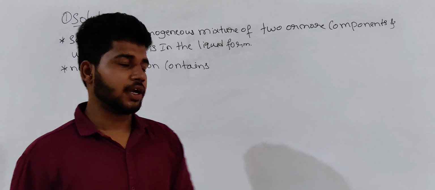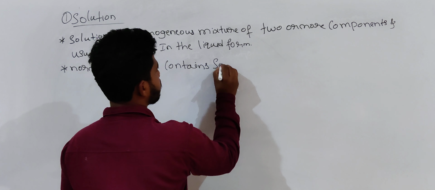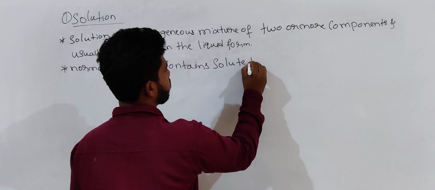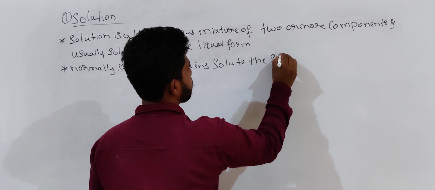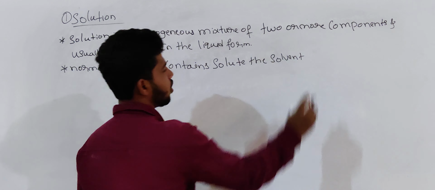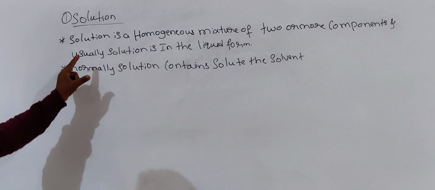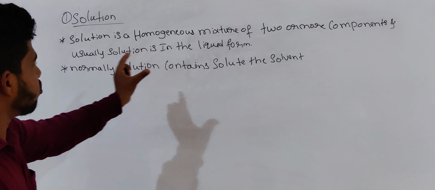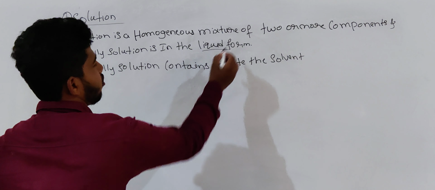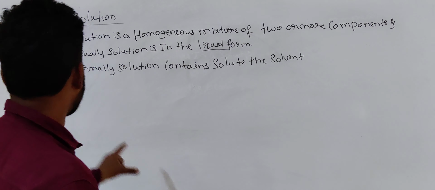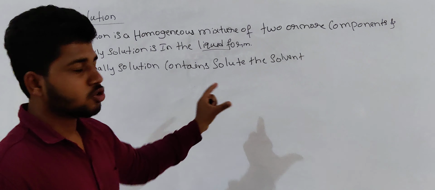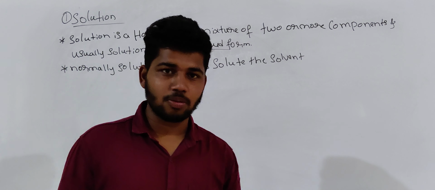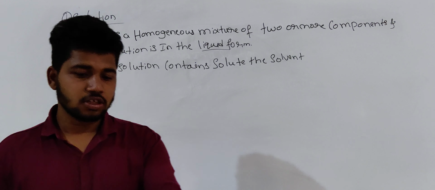What is the definition of the solution? A solution is a homogeneous mixture of two or more components, and usually a solution is in liquid form. And a normal solution contains the solute and the solvent.